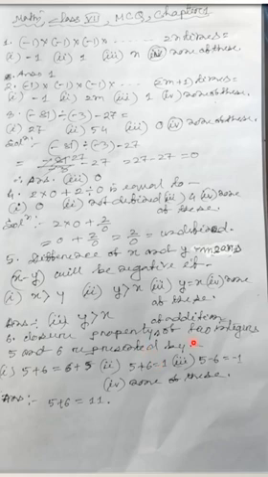But the question says closure property of addition. So I have written 1 only here, but it should be 11. 5 plus 6 equals 11.